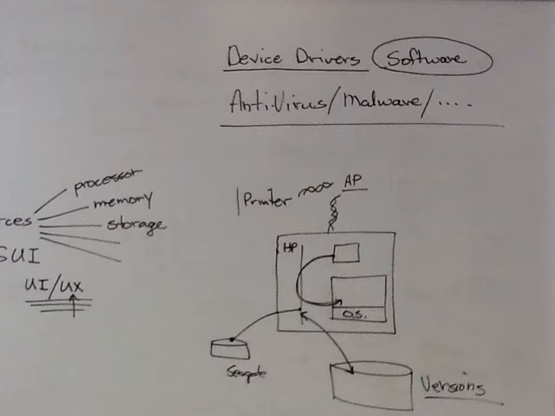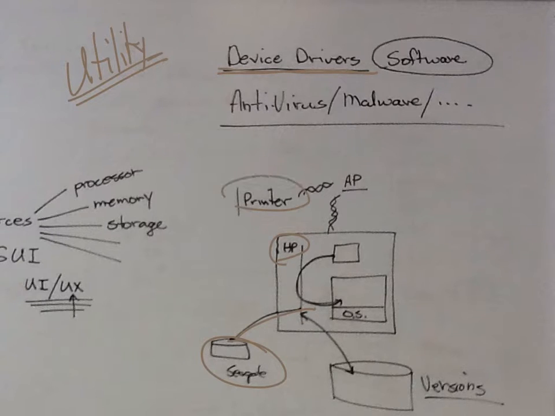Another type of utility, type of software that goes with system software, we have device drivers. This is software that allows you to connect, let's say, a Seagate drive to your HP computer, or maybe a Canon printer.